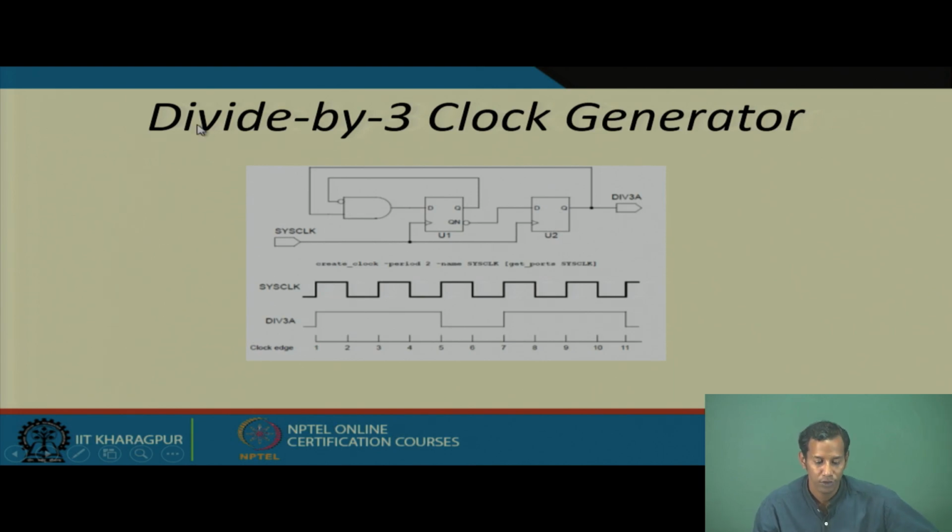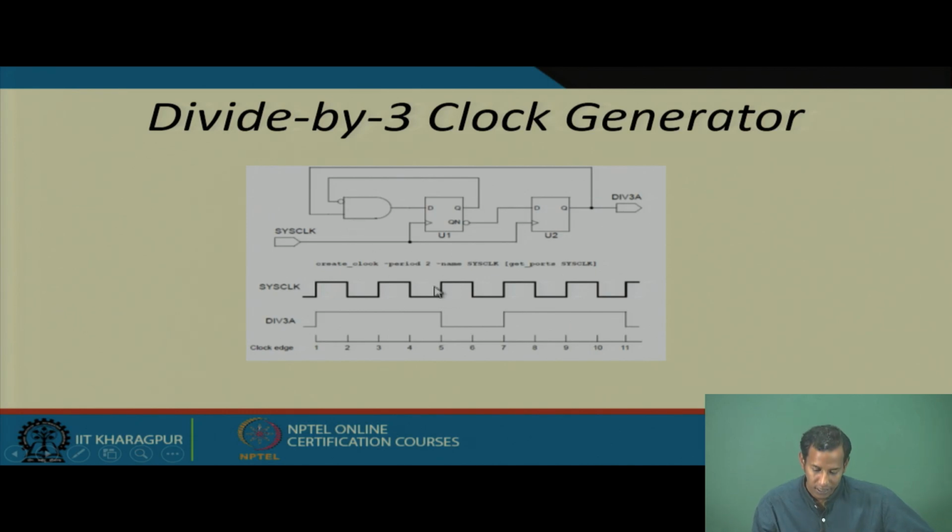Now, suppose we have to design a divide by 5 clock generator. At that time, what do we have to do? There will be 3 registers. Divide by 5 means I need 3 registers, and the corresponding logic will be here, where we consider, let us say, 2 to be the terminal condition.